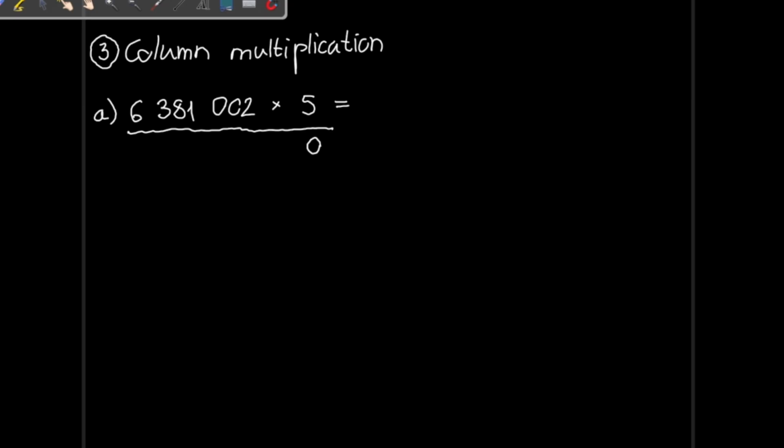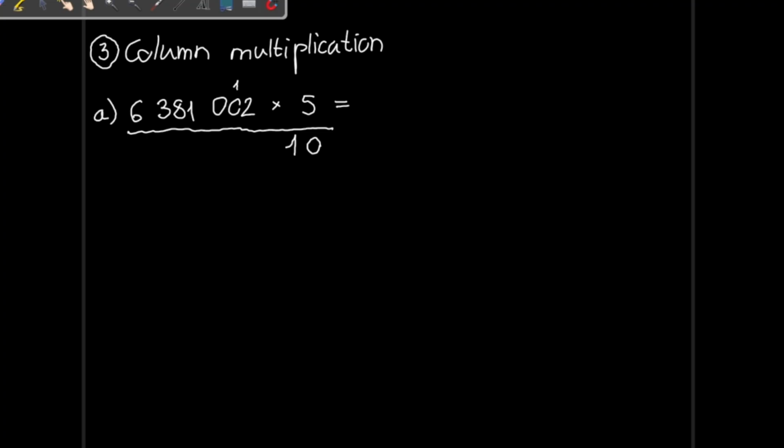Write 0 here and 1 above. And then in the next case, we don't say 5 times 1, but we say 5 times 0 plus 1. So this becomes 1. 5 times 0 is 0 plus 1 is 1.